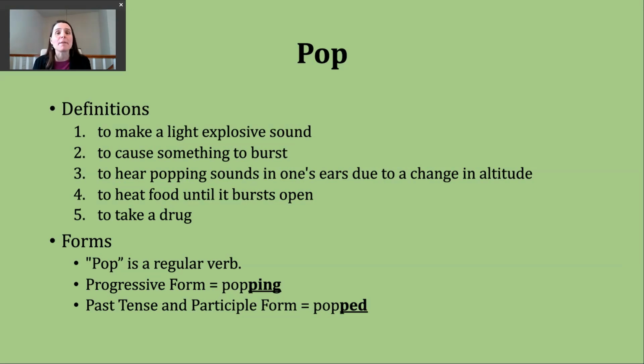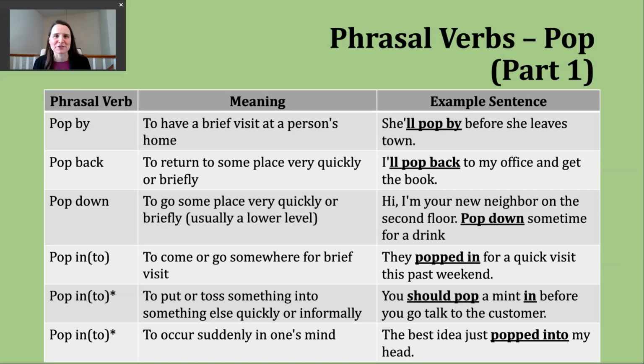Popped, popped. Okay. Now, there are so many phrasal verbs that use pop, and that's what we're going to focus on today. So we won't do any individual verb tense practice, but I'll try and point them out as we go.